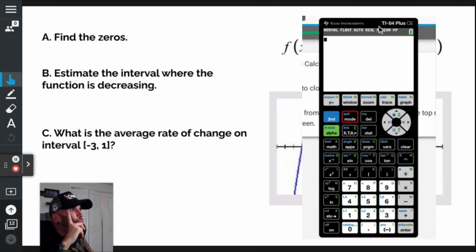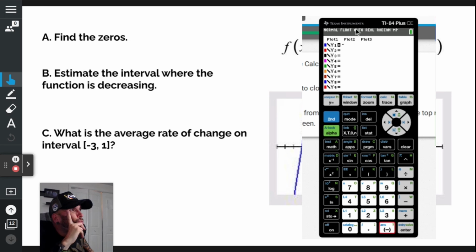All right. We are using a TI-84 Plus CE color edition to graph the function that we're given. Whenever you want to graph, you're going to hit Y equals. Now, the frustrating thing right off the bat is we start out with a negative. The only place on the planet where a negative and a minus sign are different is the Texas Instruments family of calculators.